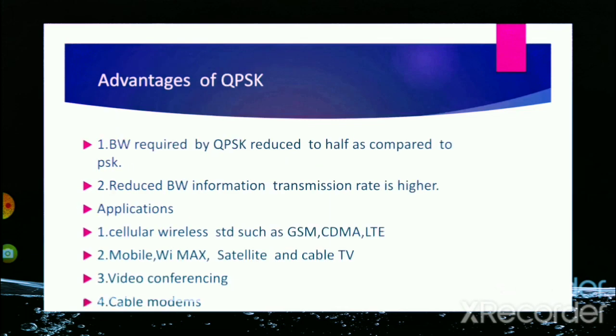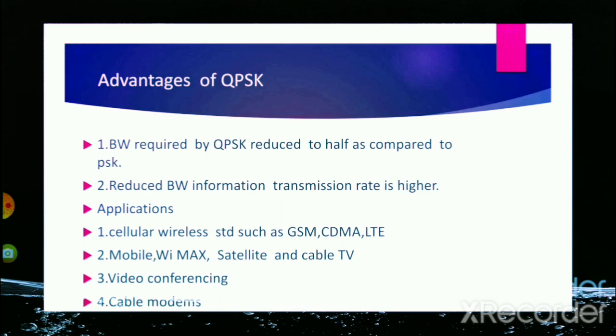Advantages of QPSK: bandwidth required by QPSK is reduced to half compared to PSK. With reduced bandwidth, the information transmission rate is higher. Applications: cellular wireless standards such as GSM, CDMA, LTE, mobile WiMAX, satellite and cable TV.